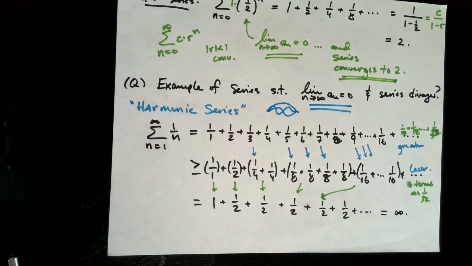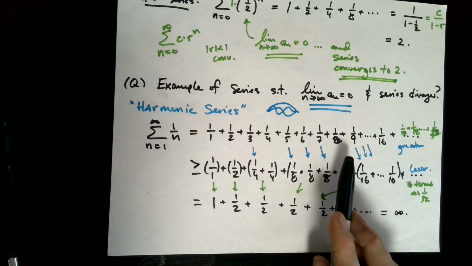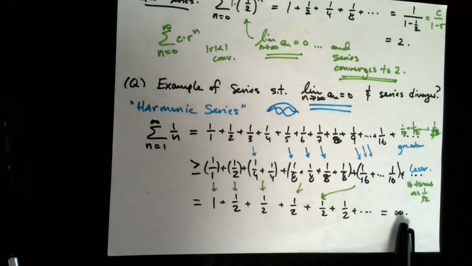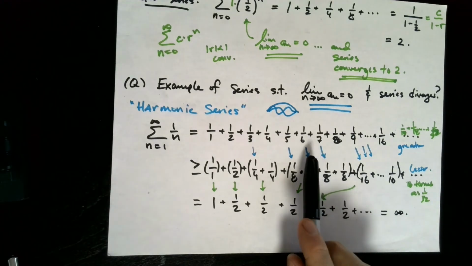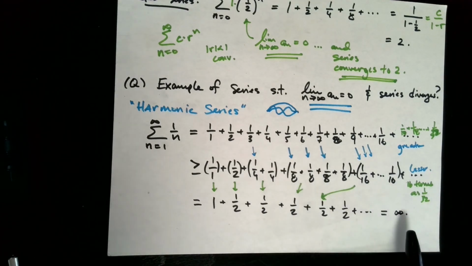So, consider this. This sum of terms, which was lesser than the sum of the terms above, adds to an infinite amount, which means the terms above have to add to an infinite amount as well. I mean, certainly if the lesser thing goes to infinity, so too the greater thing goes to infinity as well.